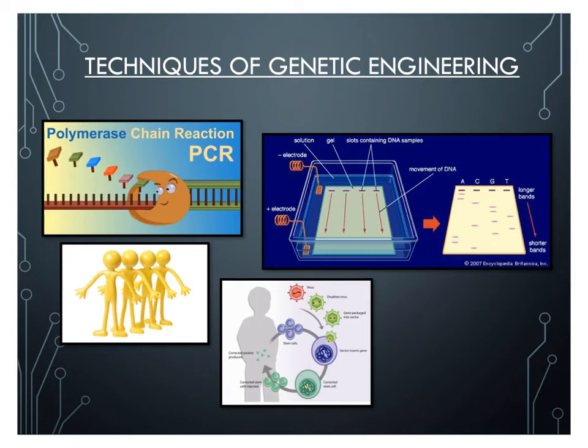Here are some other techniques of genetic engineering. PCR is the polymerase chain reaction. You can see here it's kind of cutting and splicing the DNA much more quickly. Up here, this is gel electrophoresis. This is how they analyze DNA samples. If you ever look at crime shows when they're trying to match the DNA, this is generally how they do it.